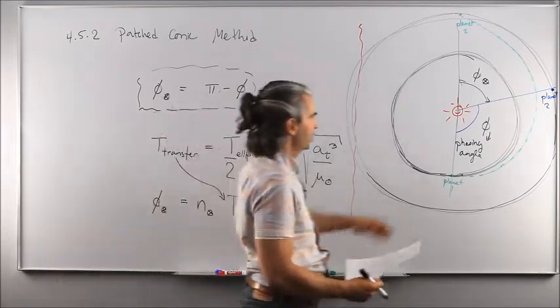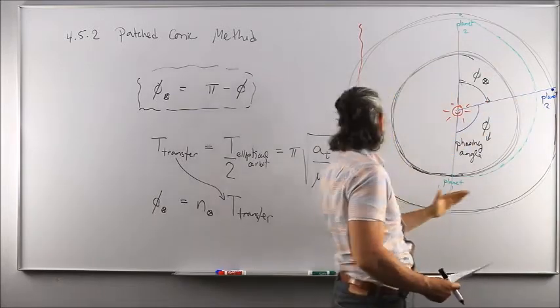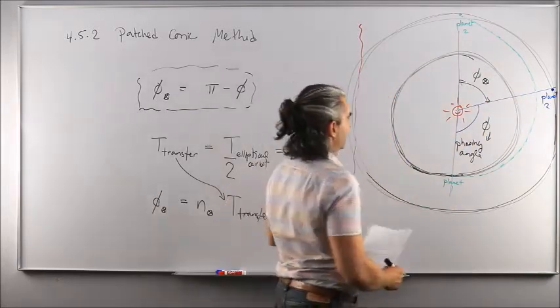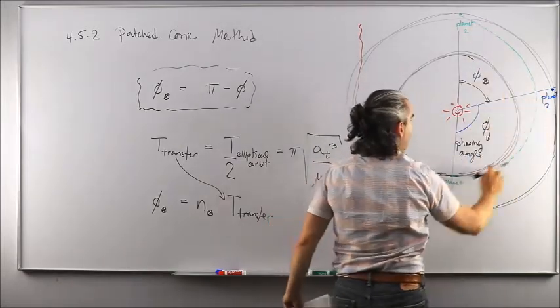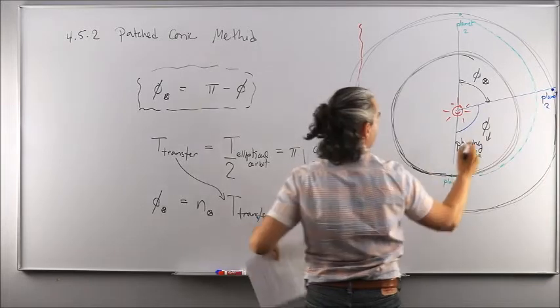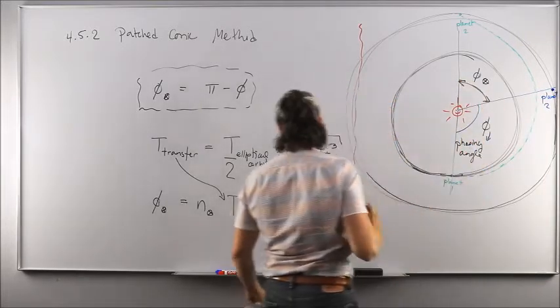Because the mean motion in terms of angular rate that planet 2 sweeps its orbit times the time spent for the spacecraft on this half orbit here, which is T transfer, will give us the remaining angle that planet 2 needs to cover in that amount of time.